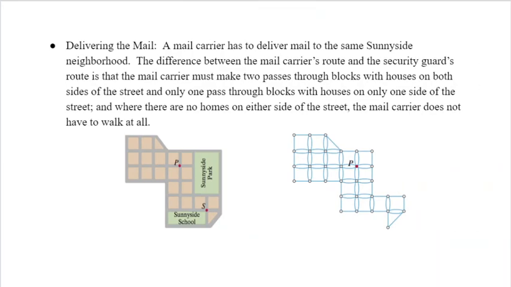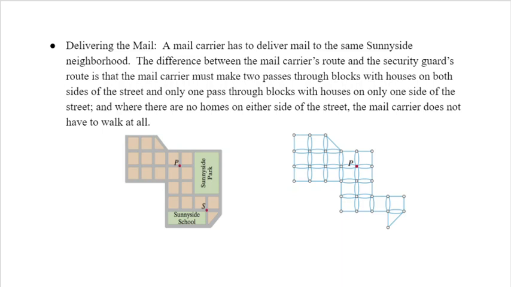Also in Sunnyside, if we're looking at the mailman or woman, the mail carrier has to deliver mail to the same Sunnyside neighborhood, but the difference is that the mail carrier has to walk on both sides of the street so that they can visit all of the houses. But the security guard just really needs to walk down the street once and make sure nothing looks suspicious.